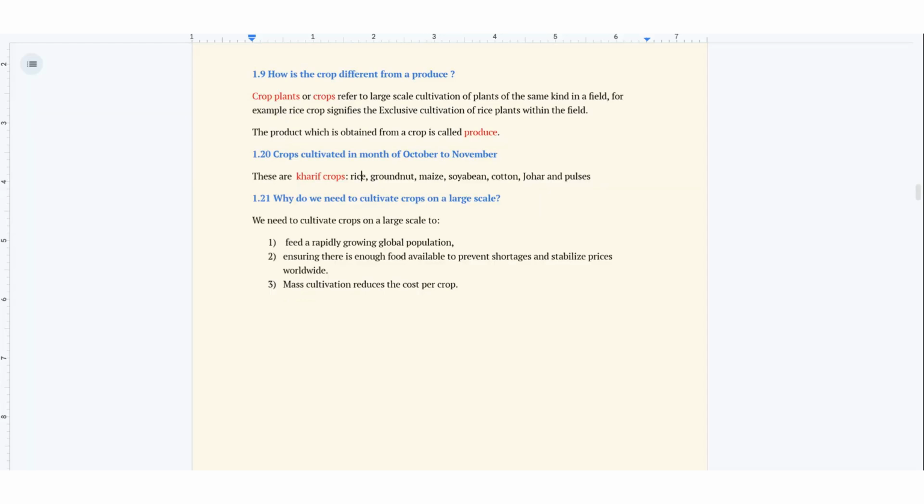Okay. Why do we need to cultivate crops on large scale? So common sense is, if you just plant one paddy plant, after cultivation or harvesting, you might have a handful of paddy, but you need to feed your entire family.